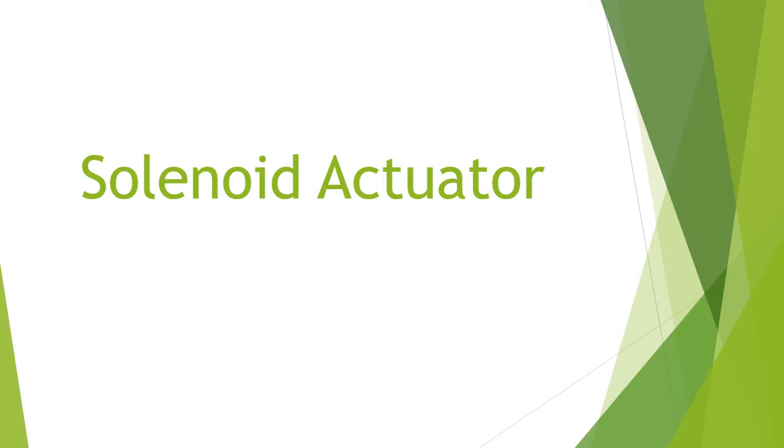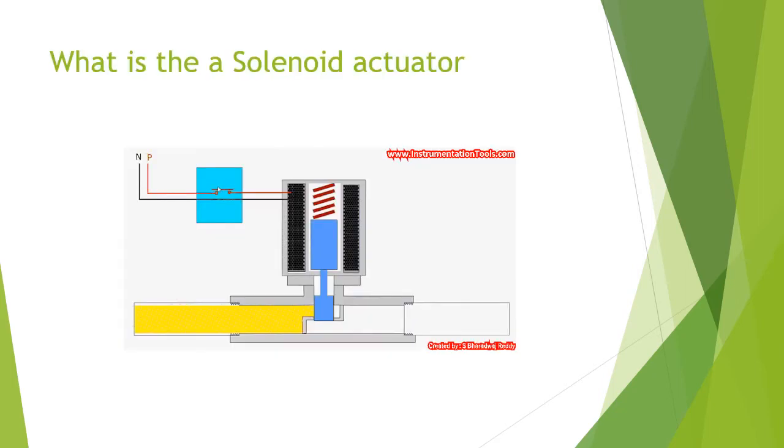So what is the solenoid actuator? A solenoid actuator is a kind of valve. When current flows through the solenoid coils and energizes them, they produce a magnetic field. As the magnetic field strength becomes powerful inside the solenoid coils, the cylindrical plunger moves and compresses the spring, and the fluid can flow through the valve.